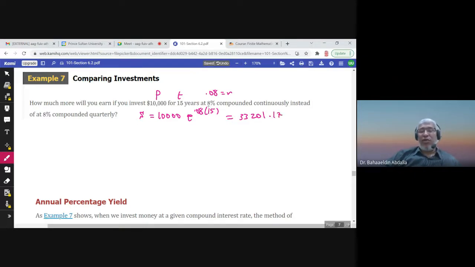While the second method, 8% compounded quarterly. So this is the first case. The second case, compounded quarterly.